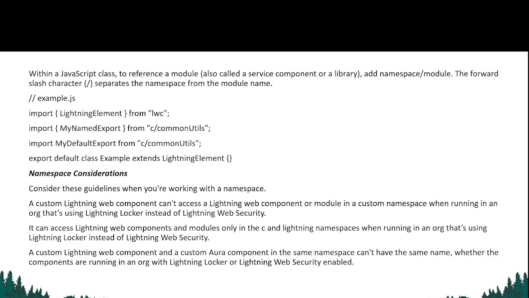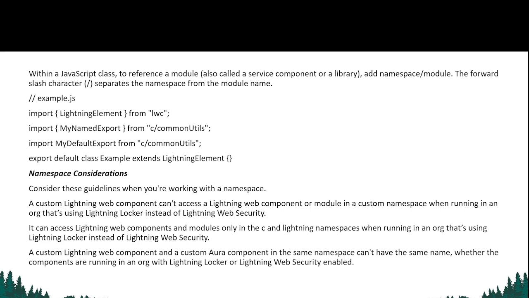So whenever inside a JavaScript we want to refer to a module, we add a namespace or a module. The forward slash character will separate the namespace from the module name. So the example is here, I am importing LightningElement from lwc.